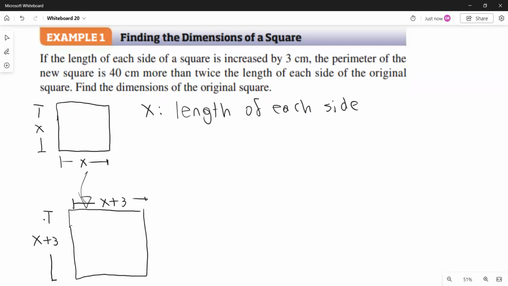Okay, and the perimeter of the new square is 40 centimeters more than twice the length of each side of the original square. So the perimeter of the original square is 4x. And the perimeter of the new square is going to be 4 times x plus 3.